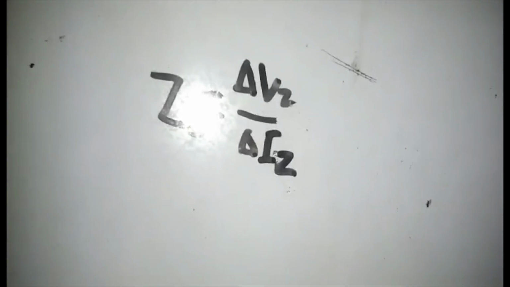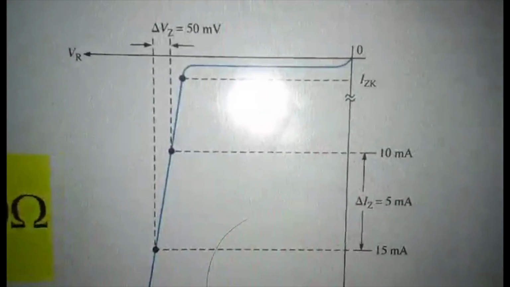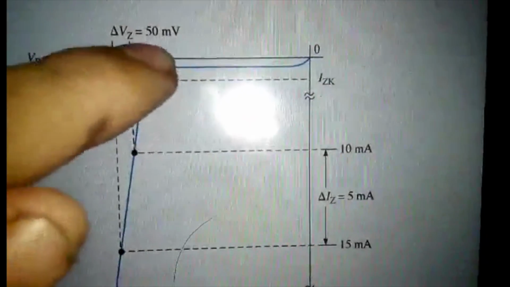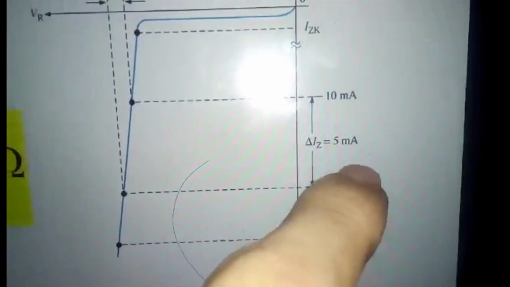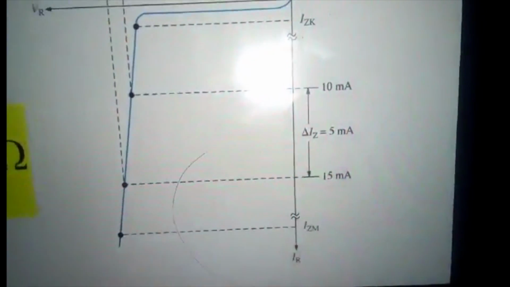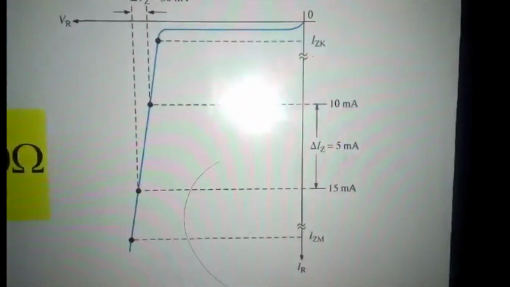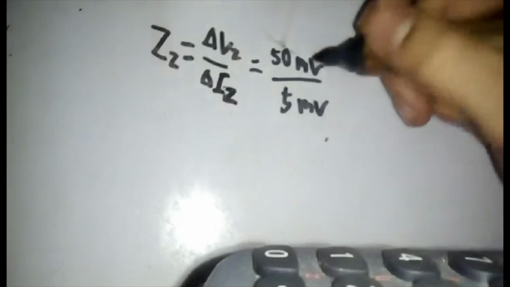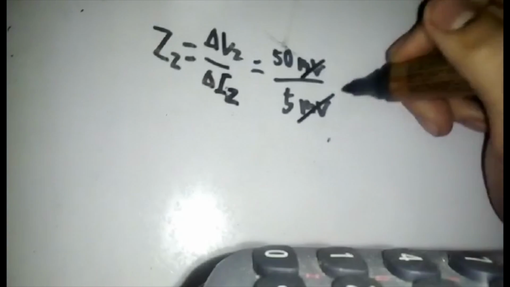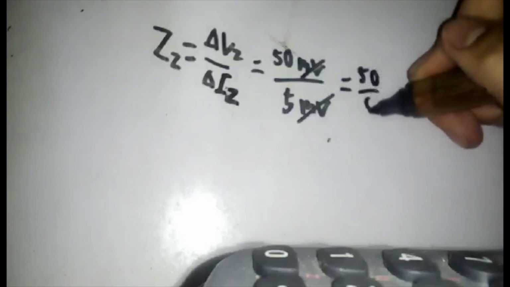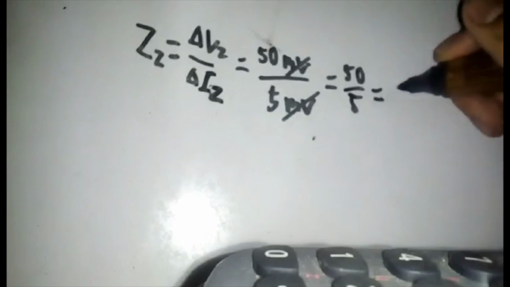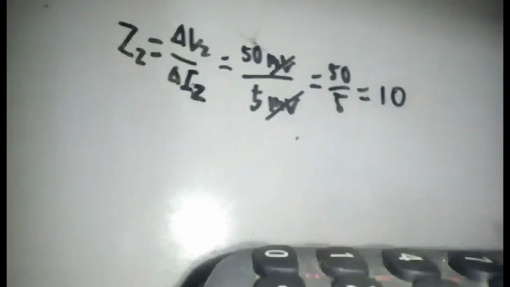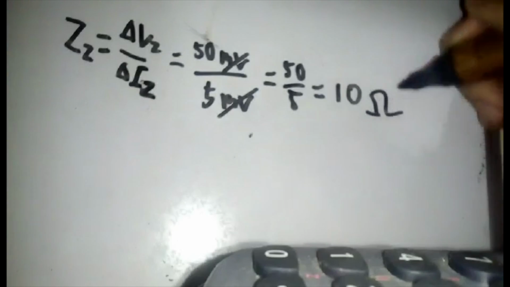For delta VZ we have 50 millivolts, and for the change in current, delta IZ, we have 5 milliamps. We replace these into the equation. The unit crosses out. We now have 50 over 5, which equals 10. And the unit will be ohms.